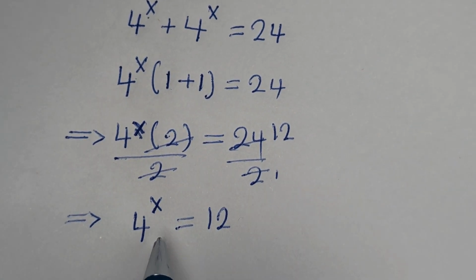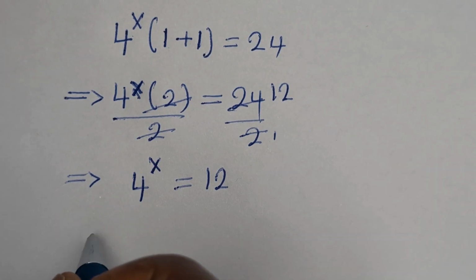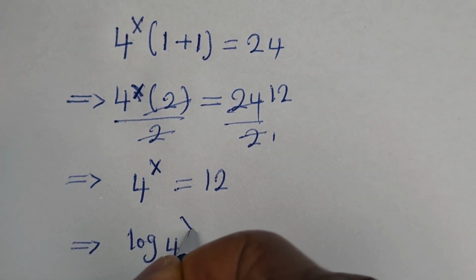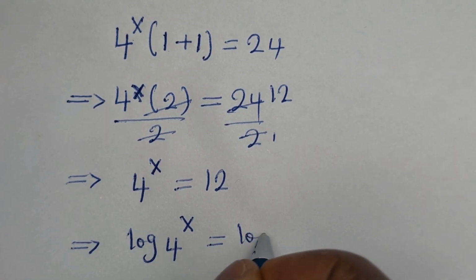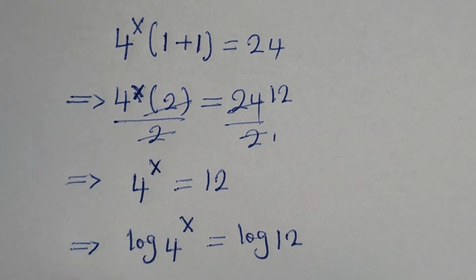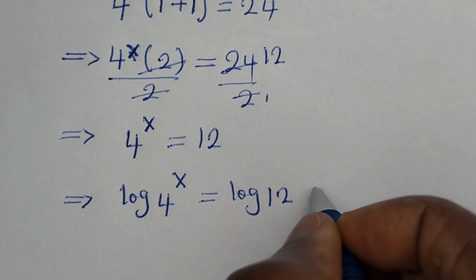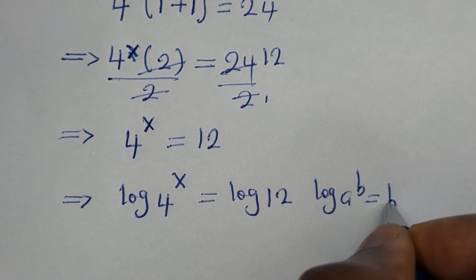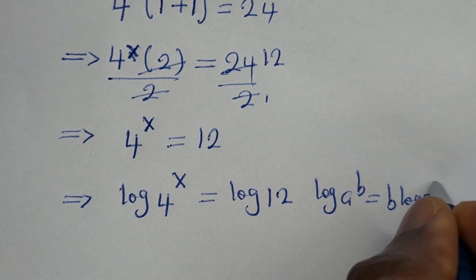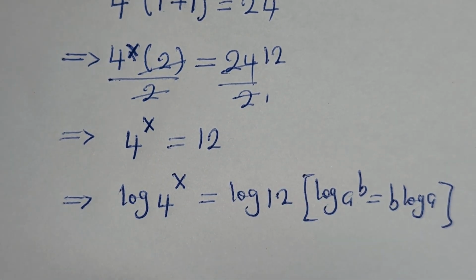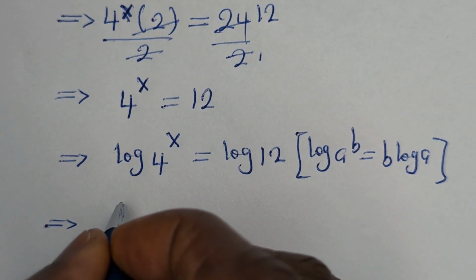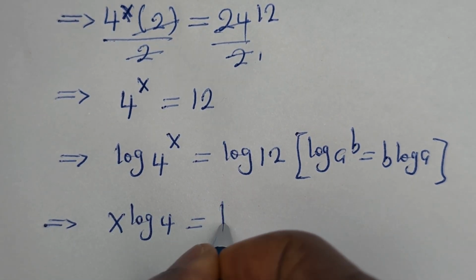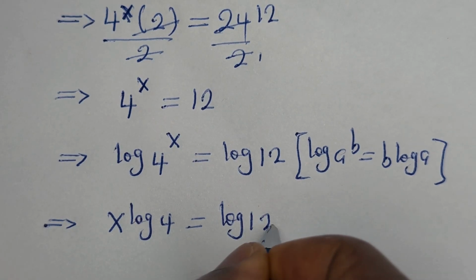Let us take the log on both sides of this equation. Log 4 raised to power x is equal to log 12. If you have log a raised to power b, this is equal to b log a. x log 4 is equal to log 12.